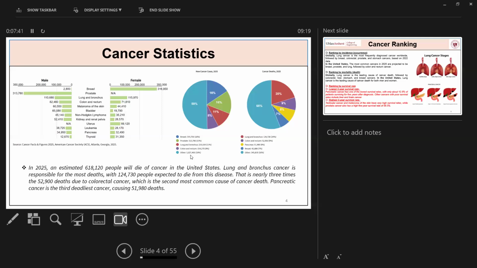So I want to state a fact: when I started working on pancreatic cancer, about 2 years ago, it was the fifth or sixth deadliest cancer. Imagine, in a period of 12 months, it has become the third deadliest cancer. Then you can realize how fast it's spreading.